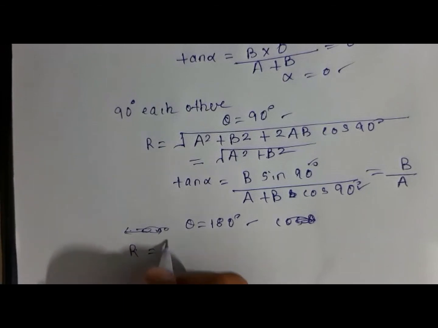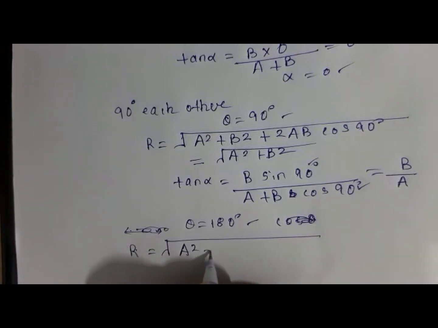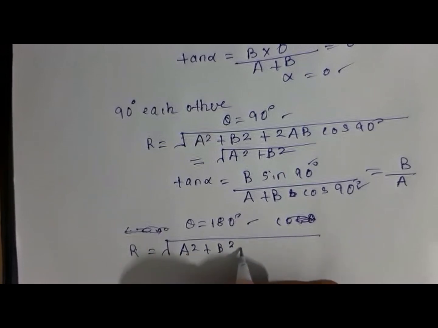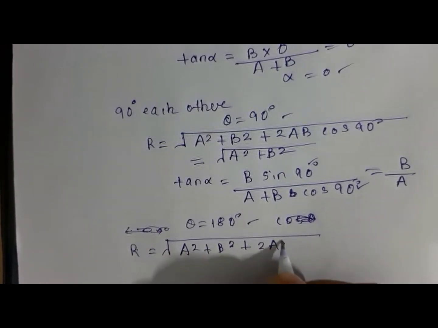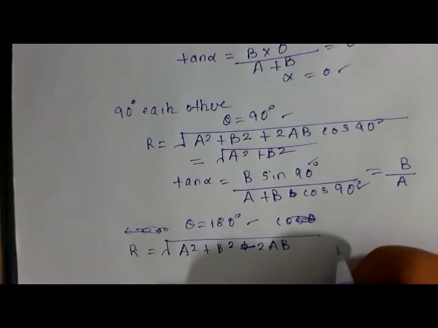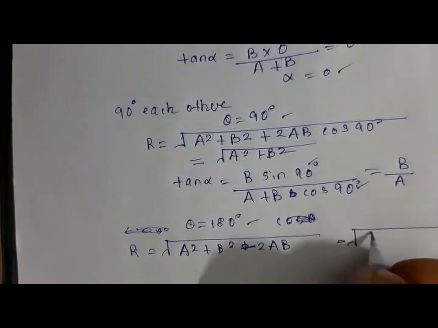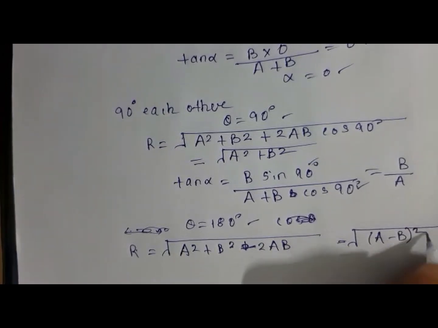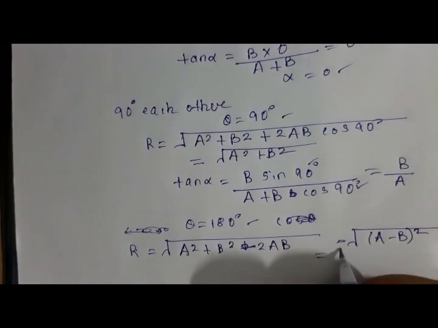So R is going to be A square plus B square plus 2AB cos theta. What's your cos theta? It's -1. So you get root over A minus B whole square, which is A minus B.